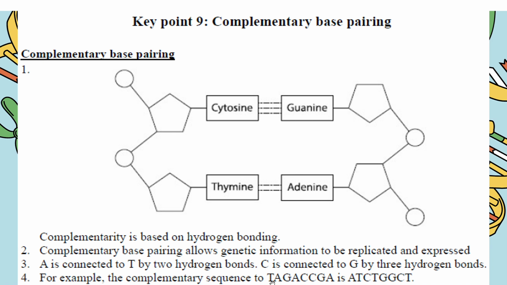So if you know one sequence is like this, you can do the pairing: A pairs with T, C pairs with G, and then you can see clearly the relationship. And some parts will tell you T and A are connected with two hydrogen bonds, and C and G are connected with three, but this is not that important. The sequence is important.